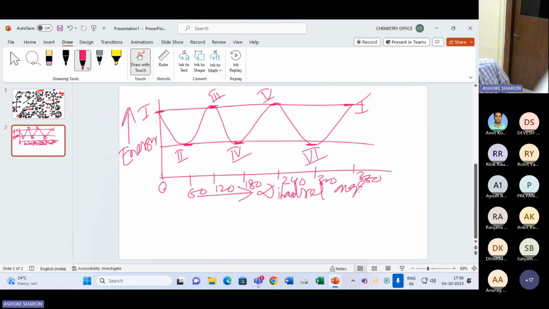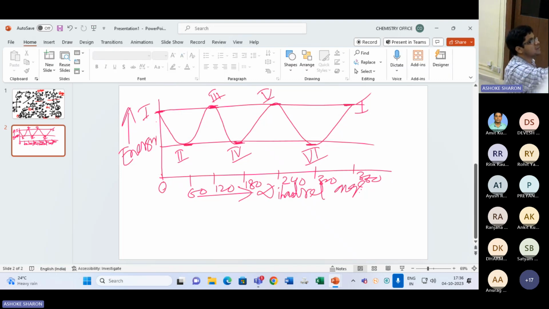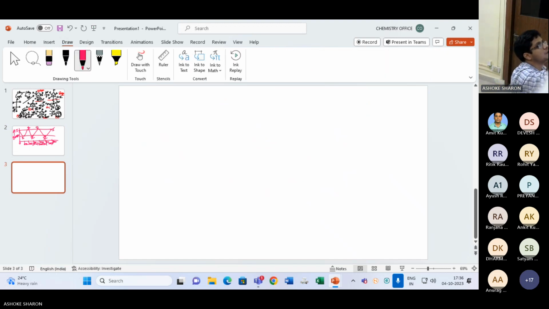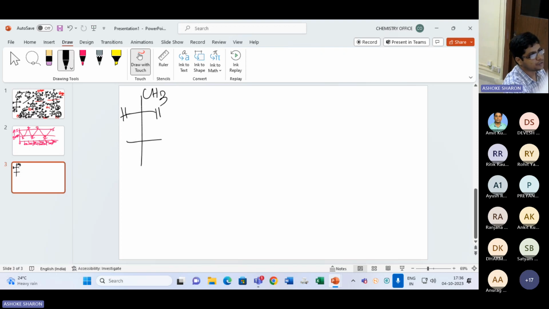So this is the simplest molecule I have drawn. But in your syllabus, we have another molecule, which is butane. Butane means you have a CH3, hydrogen, hydrogen, hydrogen, hydrogen, and CH3 molecule.